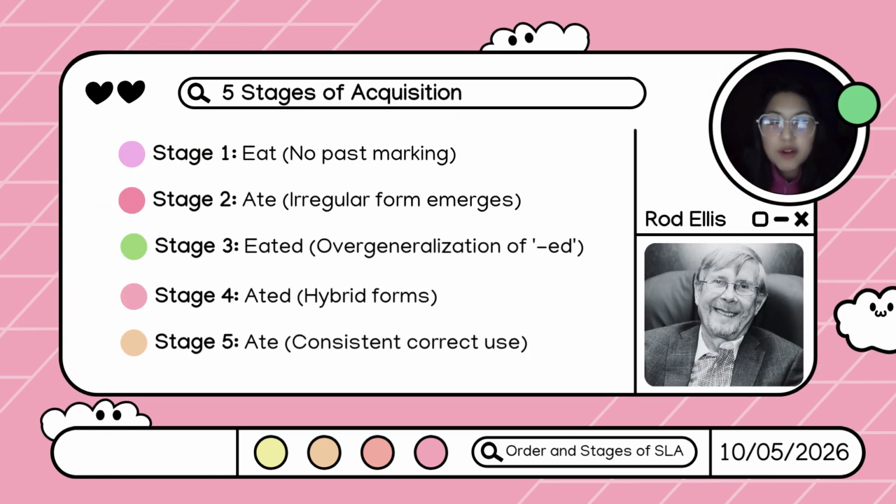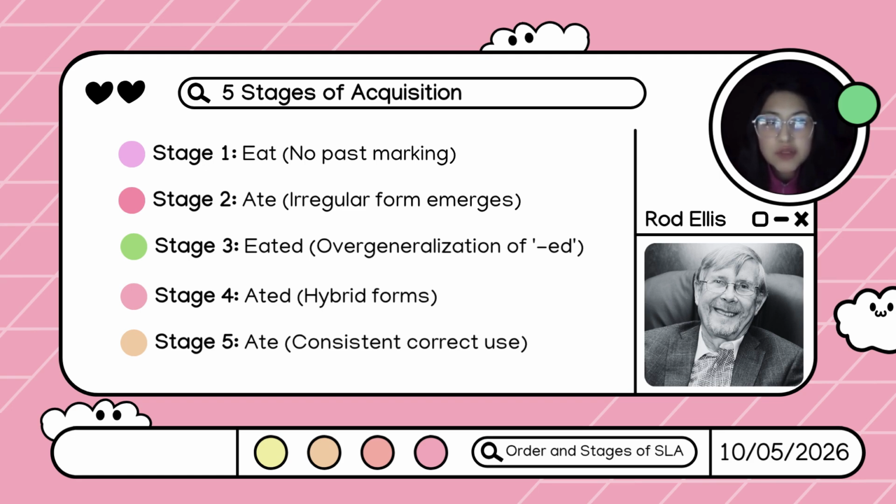As learners progress, they follow a very specific sequence when acquiring grammatical structures. Rod Ellis illustrated this using irregular past tense verbs like eat. Learners typically pass through 5 stages. First, they fail to mark the verb for the past at all, just saying "eat."